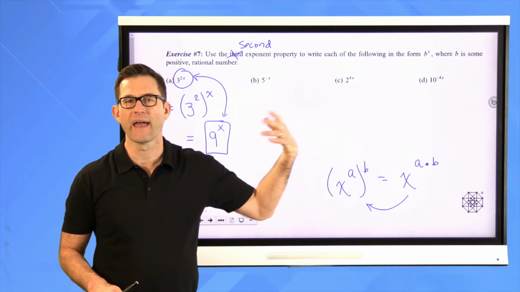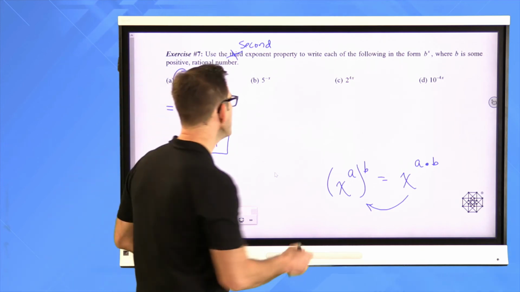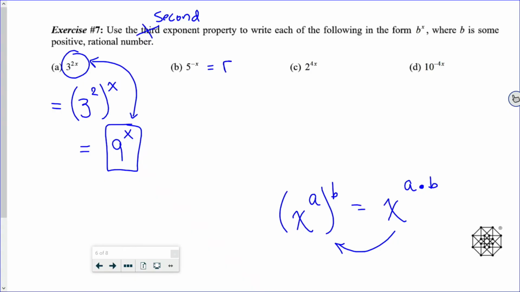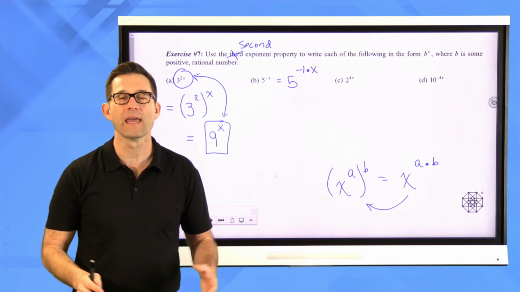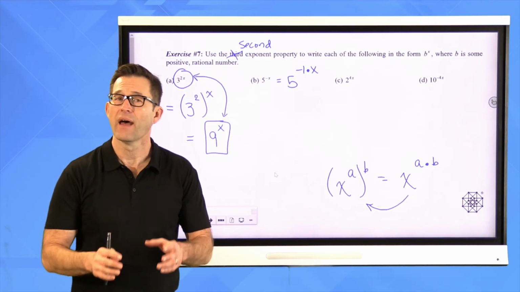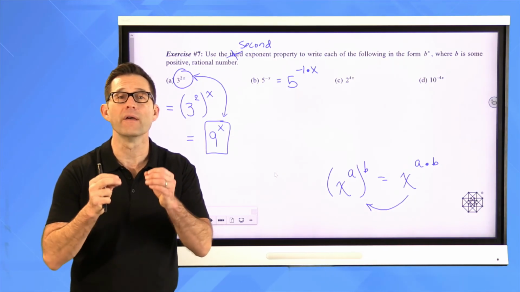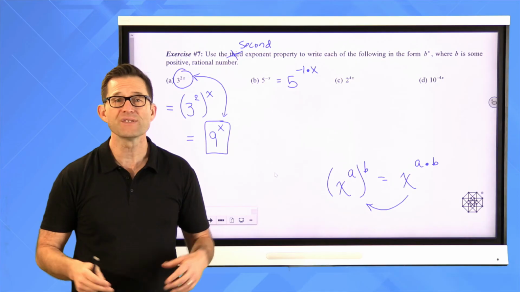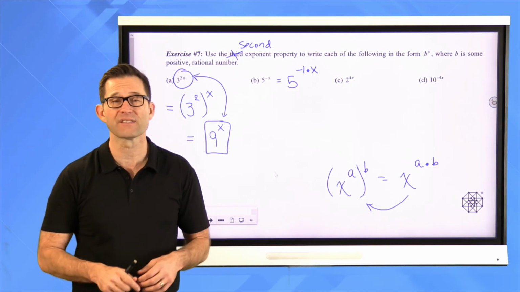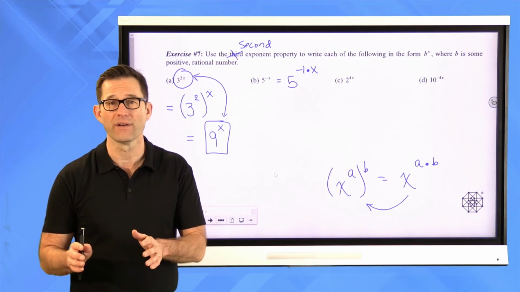It just looks like I have negative x. So let me try to make it very clear. This is the same as 5 to the negative 1 times x, right? Negative x is the same as negative 1 times x. And that's something that I hope you're very, very comfortable with. Just as x is equal to 1 times x, negative x is equal to negative 1 times x.